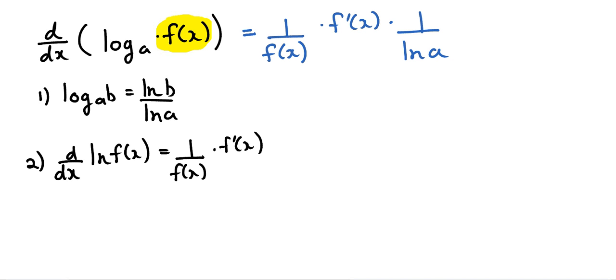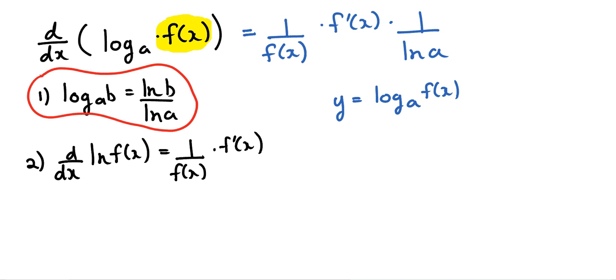Okay, so let's go ahead and start this last proof. I'm going to start off by saying y equals log base a of f of x. All right, then I'm going to go ahead and apply this very first property right here. So y equals, sorry, it's not right.